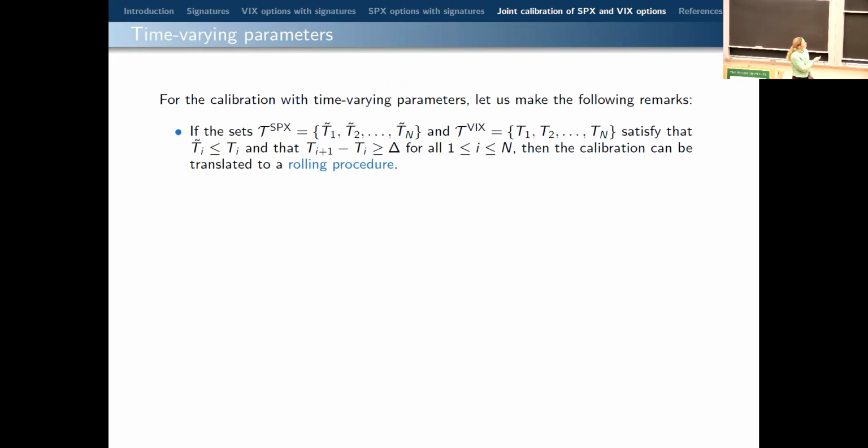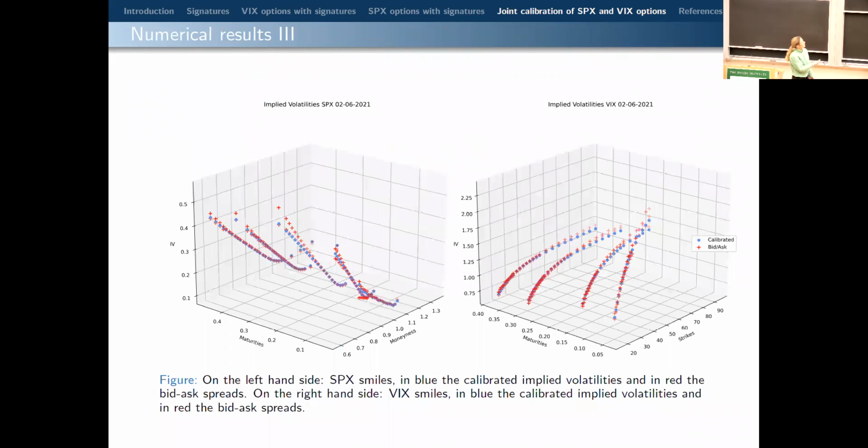Then we get similar tractable formulas, and we get somehow a rolling procedure to calibrate, and then we can go even further to further maturities, and the calibration results are equally good. To go very far, one needs this time dependence. And so here again you see calibration to VIX and to SPX, and both are really accurate.